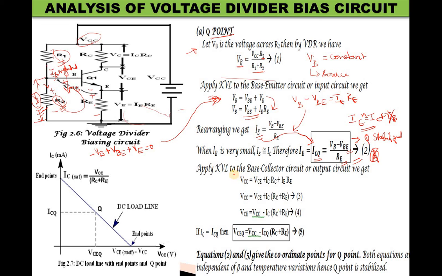Now apply KVL to output circuit. Algebraic sum of the potential rise, only one source, so only VCC, is equal to algebraic sum of the potential drops. There are 3 drops in the circuit: VC plus VCE plus VE. Instead of VC, I have replaced it by ICRC.